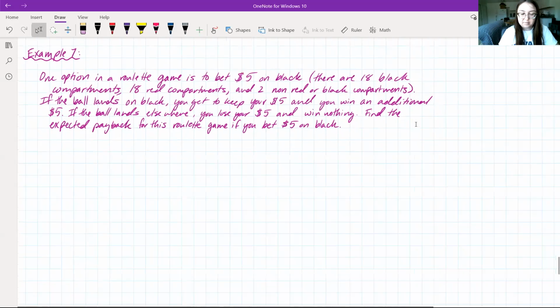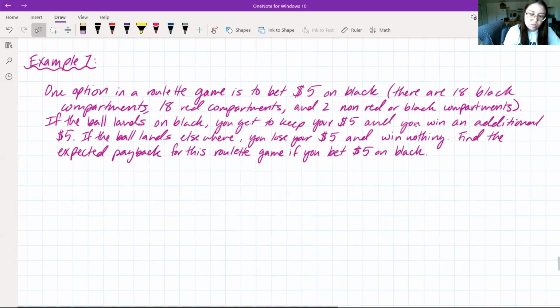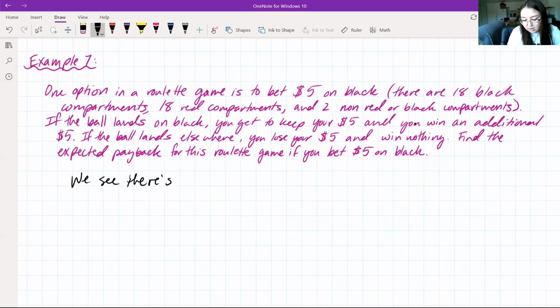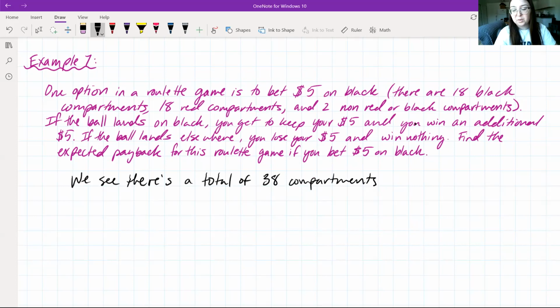All right. So we see there's a total of 38 compartments. There's 18 black compartments, 18 red compartments, and 2 non-red or black compartments.